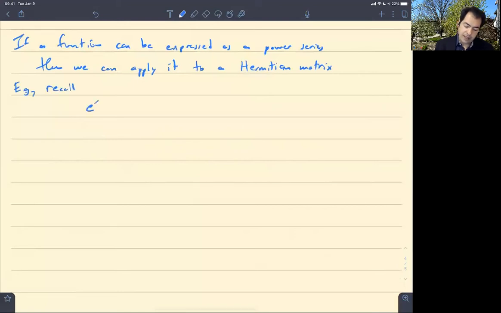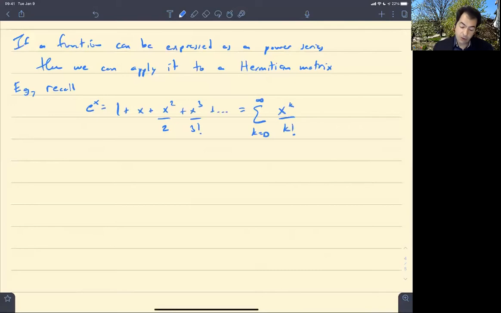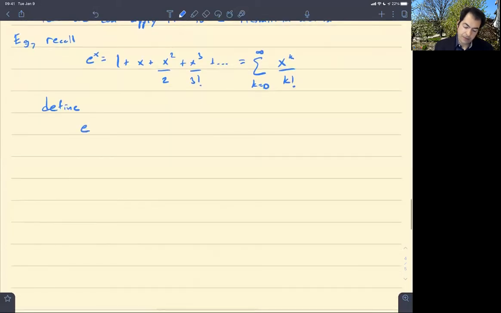Recall that the exponential map has a power series. You can write it as 1 plus x plus x squared divided by 2 plus x cubed divided by 3 factorial, and so on. Briefly, the sum k goes from 0 to infinity of x to the k divided by k factorial. So define e to the A for any Hermitian matrix A to be, just like we've plugged a matrix into a polynomial, now we plug this matrix into the power series.